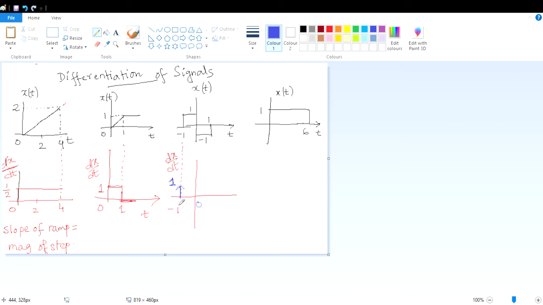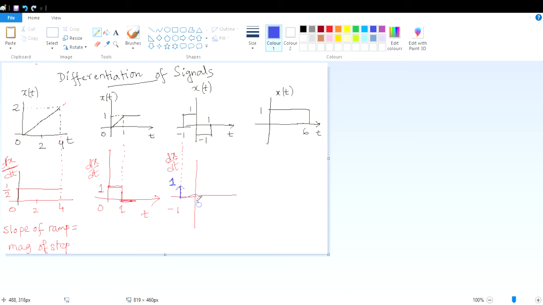So it will exist at t equal to -1. So for the step, what will be the impulse? After differentiation you will get the impulse, but it will only exist at the starting point of the step. So the starting point is -1, so it will exist here only.